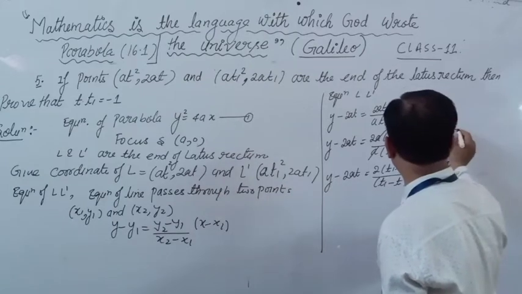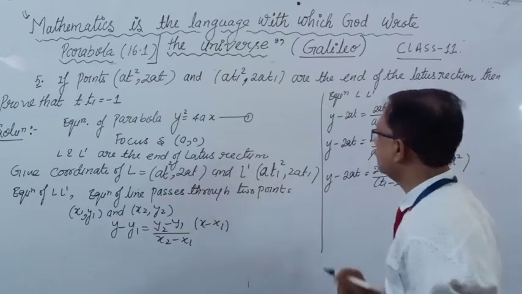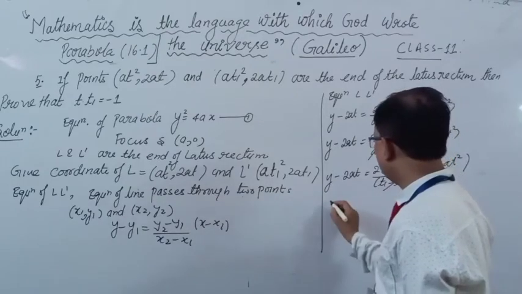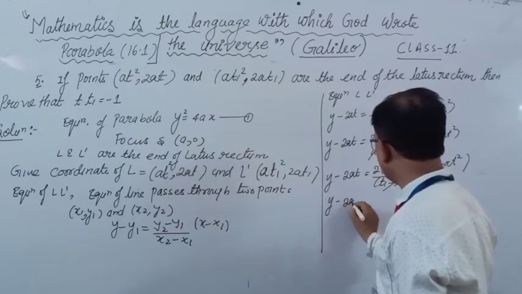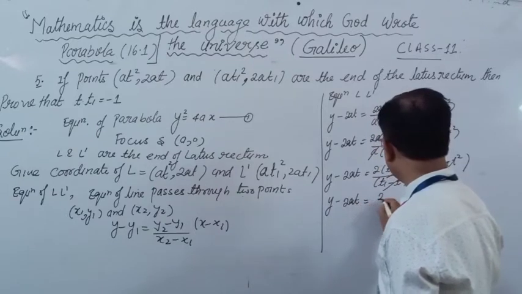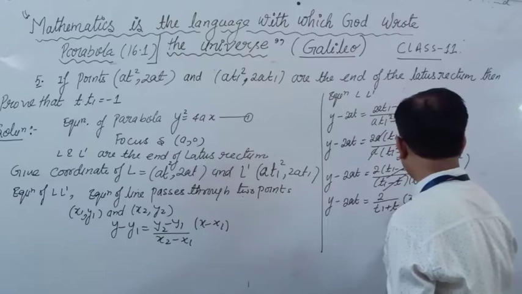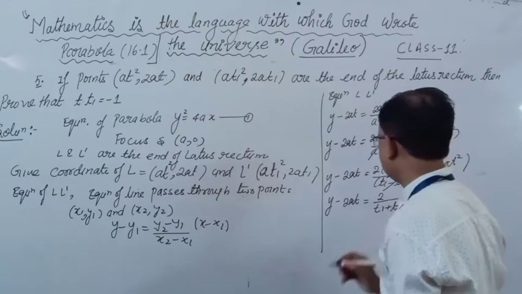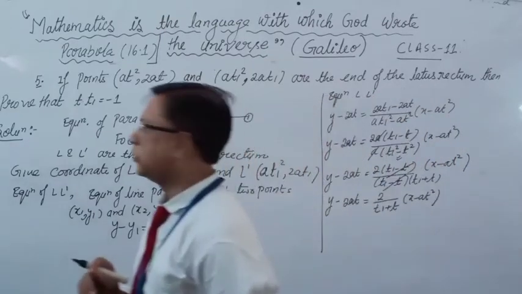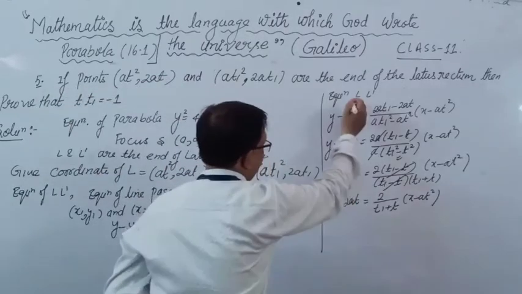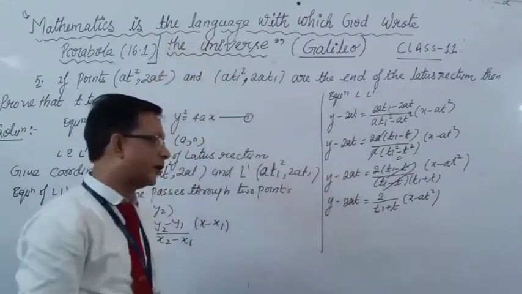Here is at square, x minus at square. So this is cancelled out. Now y minus 2at is equal to 2 upon t1 plus t, x minus at square. So you will note this, and this is the equation of L dash, the equation of the latus rectum.